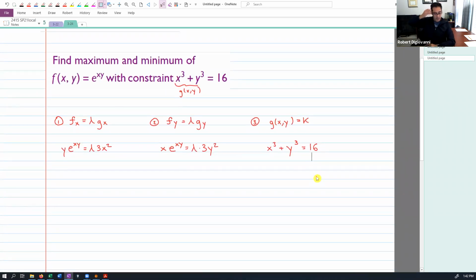Oh boy. Okay, well, what do we do? I mean, we could solve for lambda again, couldn't we, and set them both equal to one another? And we could do that. This is where the algebra is just up to you, and you've just got to make sure that you're thinking through all the possibilities and not leaving anything out.